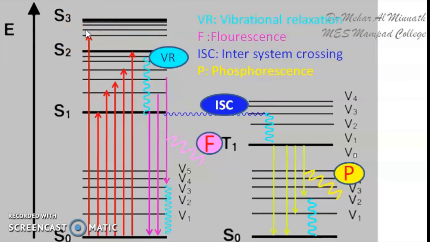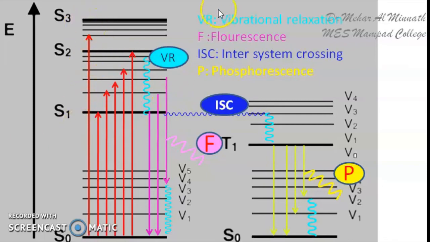Now, as I had told earlier, as the energy state increases, the energy gap between the different electronic states comes down or becomes lesser, and the chances of overlapping of the vibrational energy levels of one electronic state with the vibrational energy levels of the other excited state is possible.